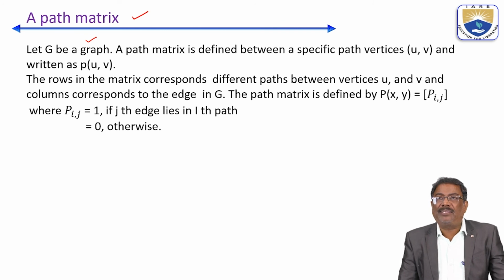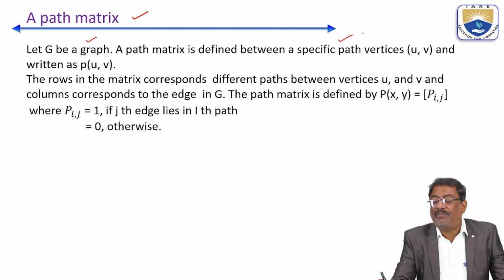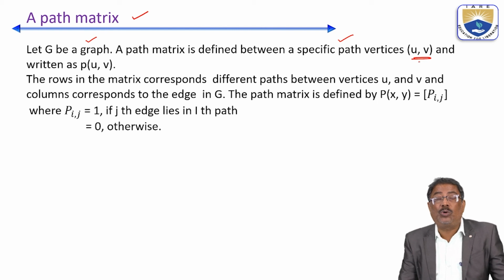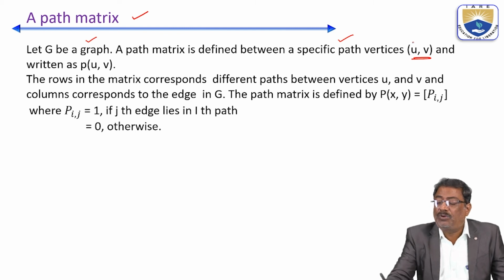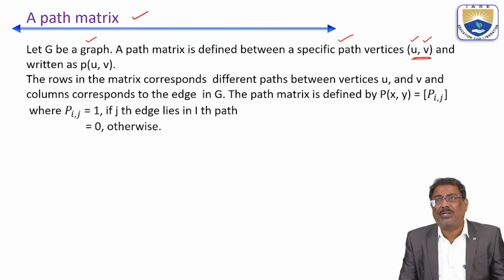A path matrix is defined between a specific pair of vertices U and V. There are so many paths from one vertex to another vertex, so we have to construct the matrix corresponding to those paths.